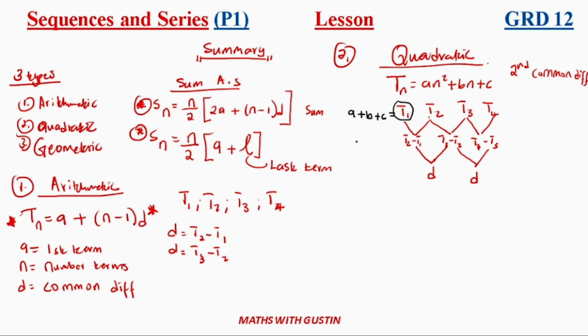Next, 3a plus b should be equal to this term over here. You're going to use this when you are looking for the general formula or the nth term. Lastly, you must know that 2a is equal to d.